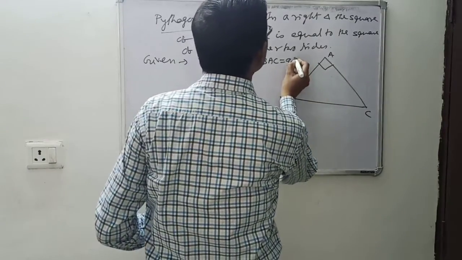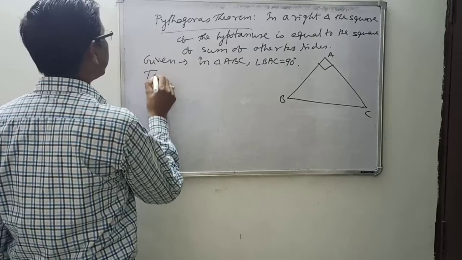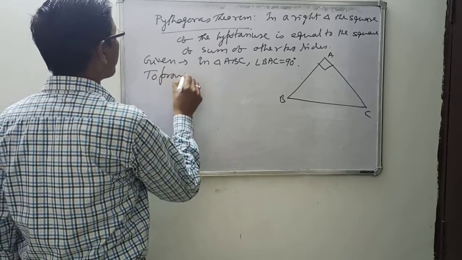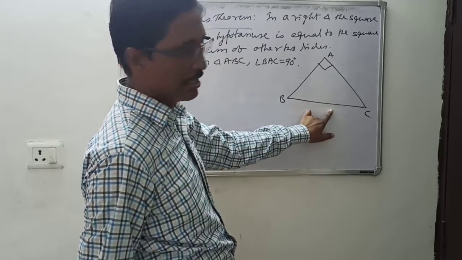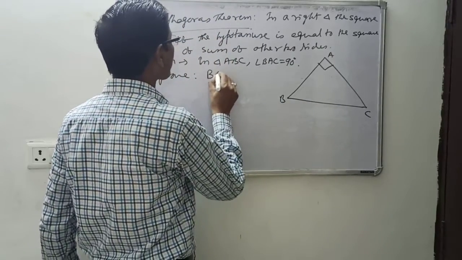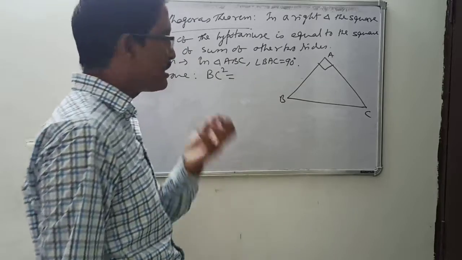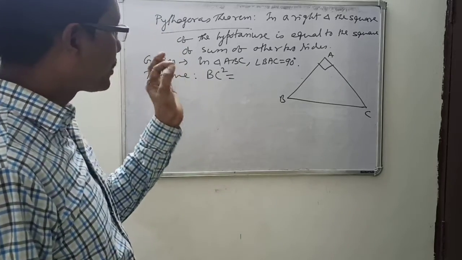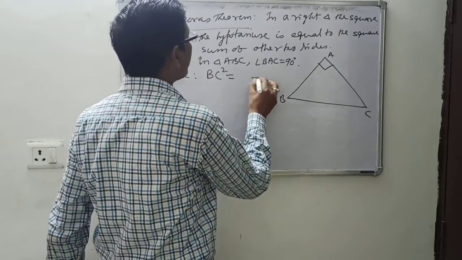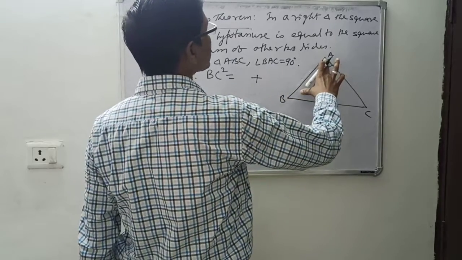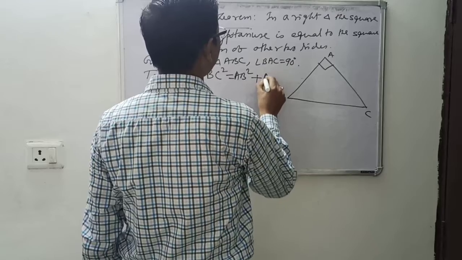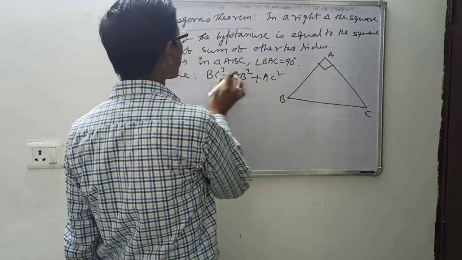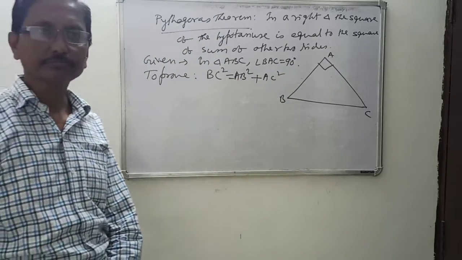Then what to prove? The square of the hypotenuse, BC square, is equal to the sum of the squares of the other two sides, AB square plus AC square. That is, AB square plus AC square equals BC square.